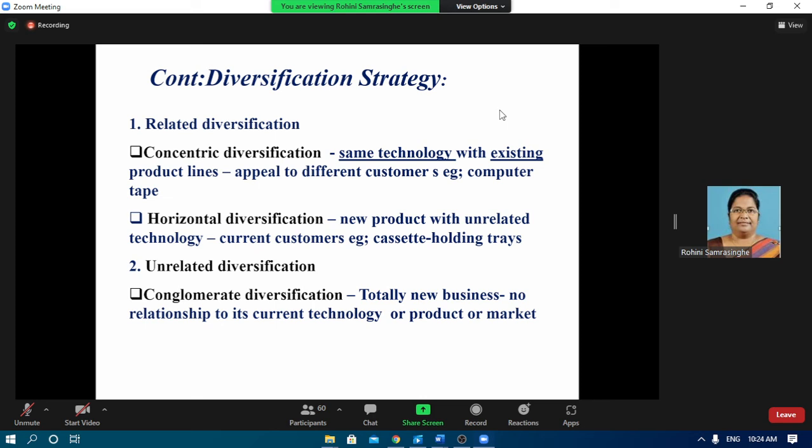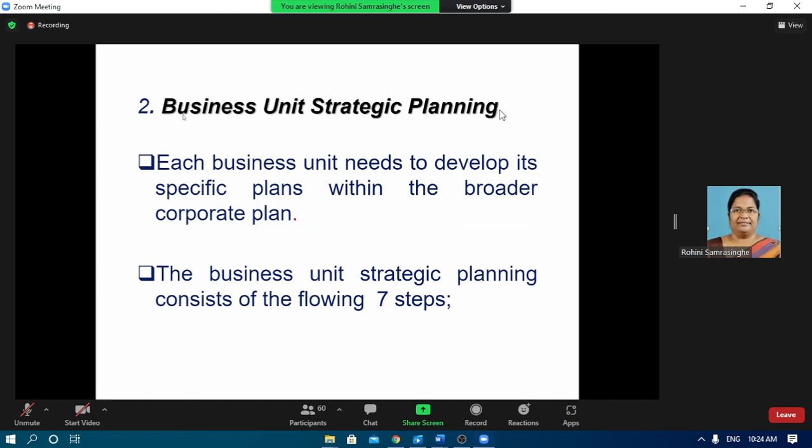Once they identify the different important strategies, they can plan a new corporate strategic plan for the next 5 years or 10 years, maybe 15 years. Within that corporate plan, the different business units need to develop a business unit plan.